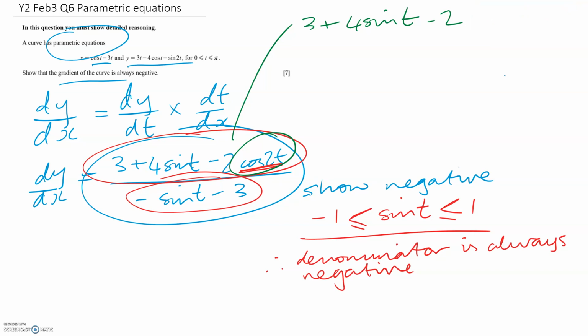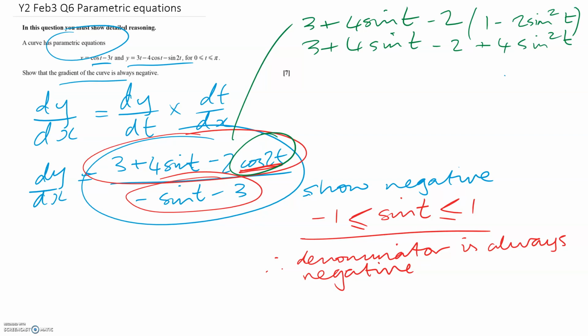If we replace cos 2t, that would be 1 minus 2 sine squared t. So then we need to simplify all that. Multiplying out the brackets will be minus 2, and then we're going to get plus 4 sine squared t here. 3 minus 2 is going to give us a 1.